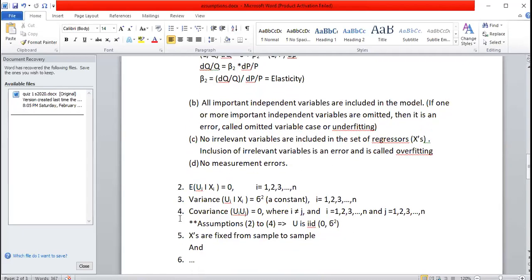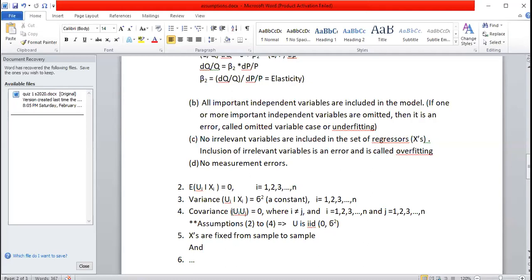Then three assumptions. Actually, these also involve U, but let's say explicit 2, 3, 4 is saying each U distribution has a mean 0. It's population mean, not sample mean. And population variance of U, variance of each U distribution will be a constant value, the same constant value for each distribution.